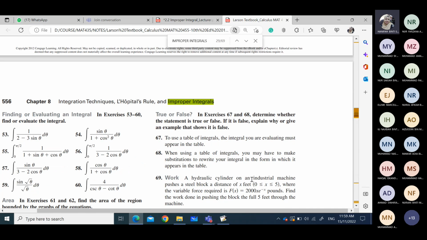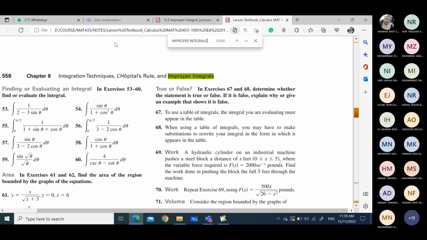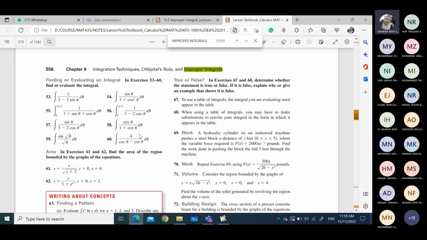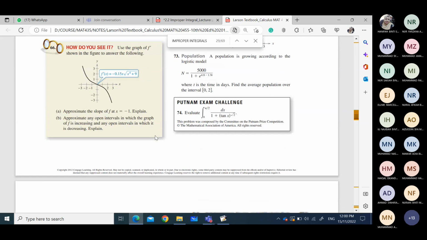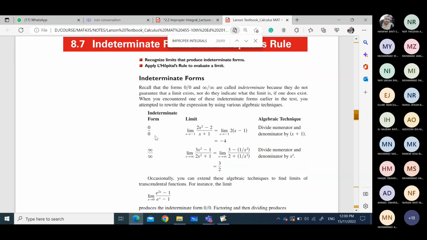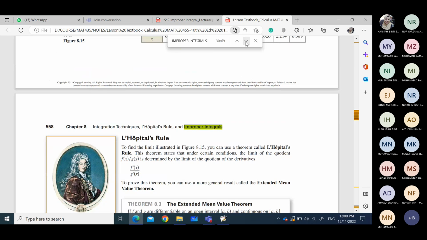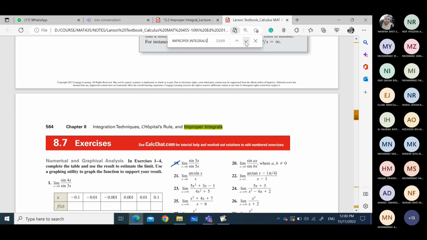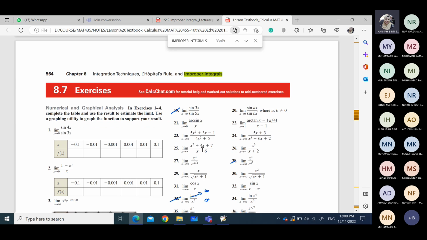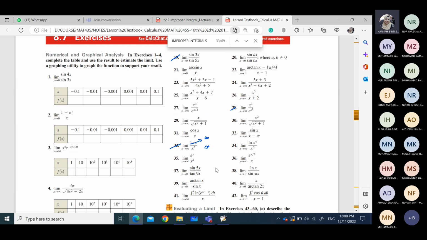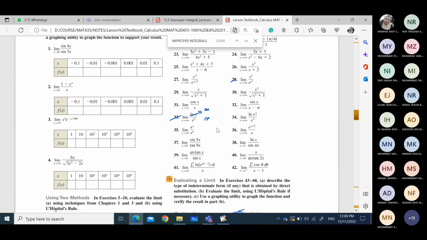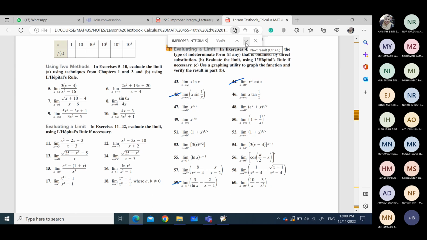Right, so soalan. You can skip. Okay, so ini semua L'Hopital's rule. So, you boleh tengok dalam ni banyak latihan you boleh buat. Kita dah discuss ke untuk, kita dah buat latihan untuk L'Hopital's rule ke?